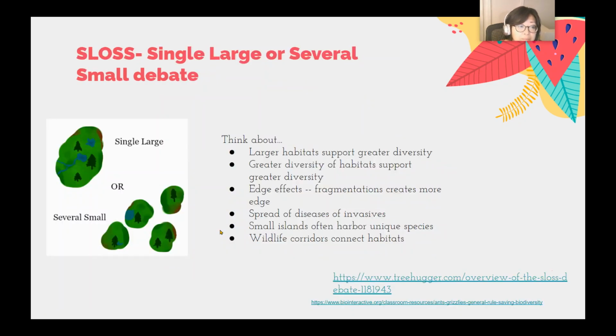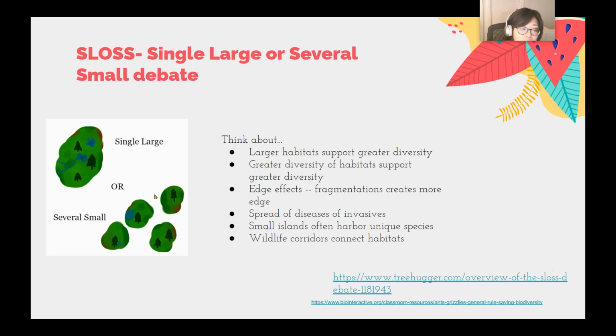Okay. So there is this ongoing debate. Well, I don't know if it's ongoing. Well, there used to be a debate about conservation and whether or not it's better to have a single large habitat or several small habitats. Oftentimes, when we're faced with conserving natural areas for wildlife, it's whatever you can, and you don't have a choice between doing these.